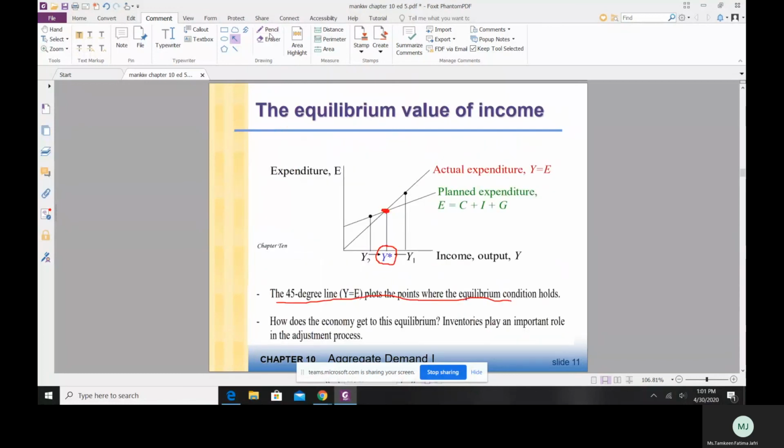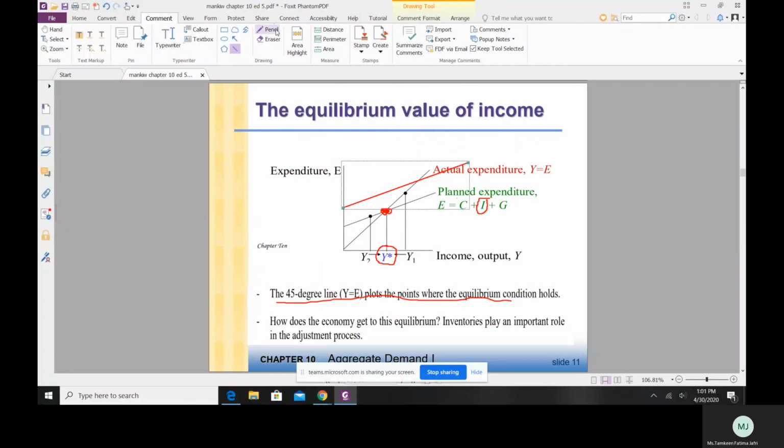देखिए जब अब क्वेश्चन ये है कि I increases, so let's suppose at the initial investment level the initial equilibrium was this. Now what is happening is that when I is going to increase, as a result what will happen to E? जाहिर सी बात है E is also going to increase, so the entire planned investment curve is going to shift outwards.